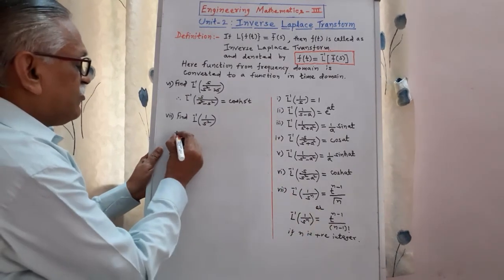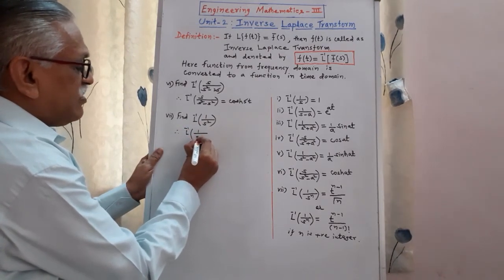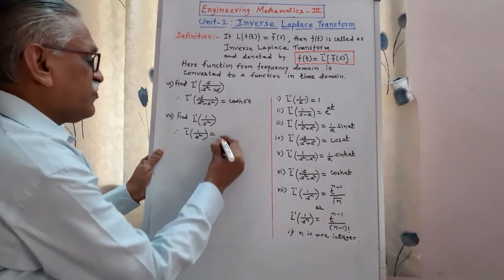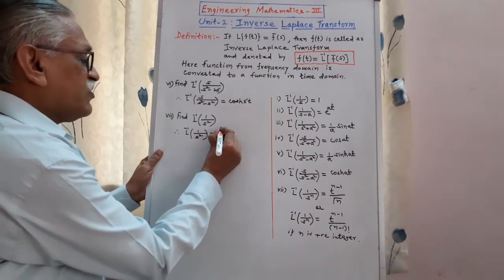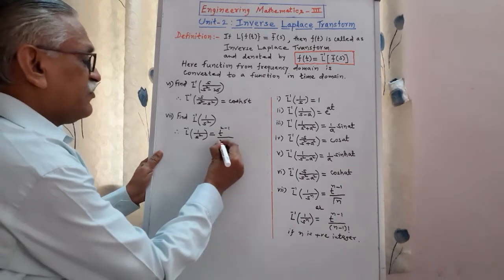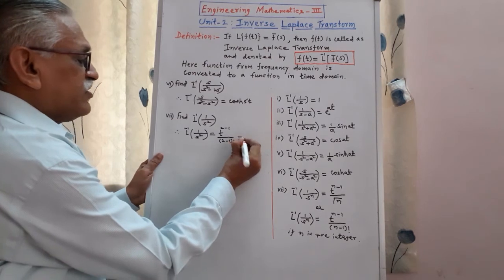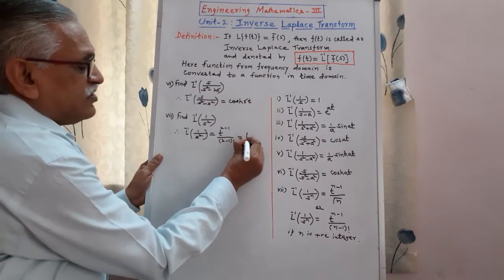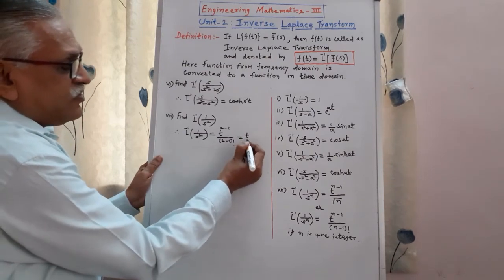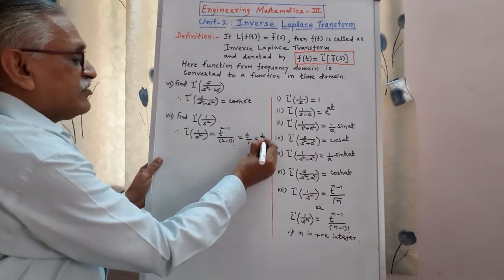Its inverse, therefore inverse of 1 upon s square, as per this, is t raised to n minus 1 divided by n minus 1 factorial. Therefore it is t raised to 2 minus 1 divided by 2 minus 1 factorial, which is t raised to 1, means t, and 2 minus 1 is 1, 1 factorial is 1, and therefore we get the value as t.